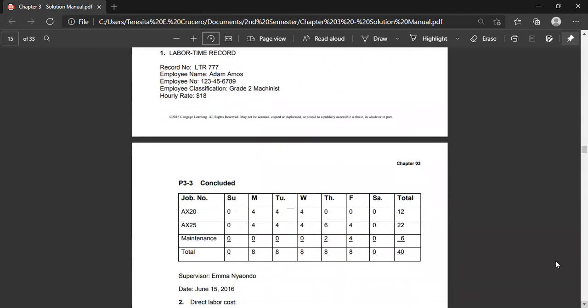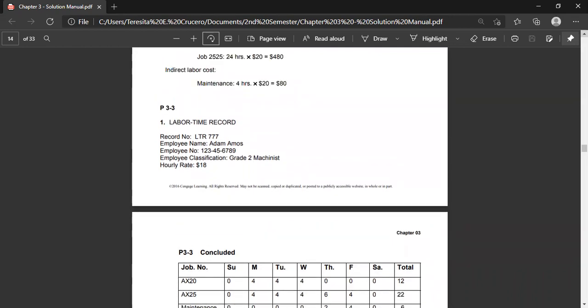On Thursday, he worked 6 hours on a job and 2 hours on maintenance, while on Friday, he worked 4 hours on a job and 4 hours on maintenance. His supervisor signs off on all labor time records on Saturday of the week just ended. Prepare a labor time record for Amos for the week ended June 15, 2016.